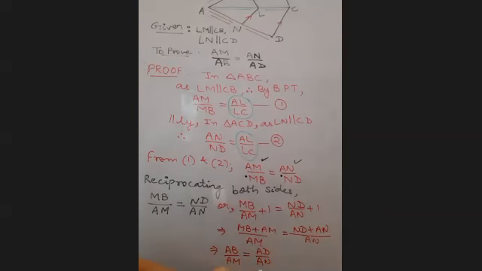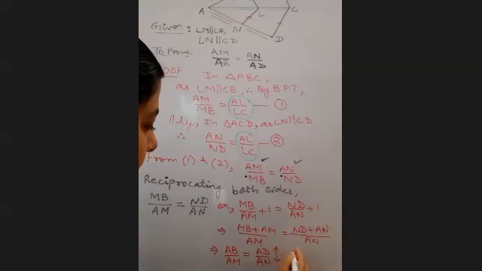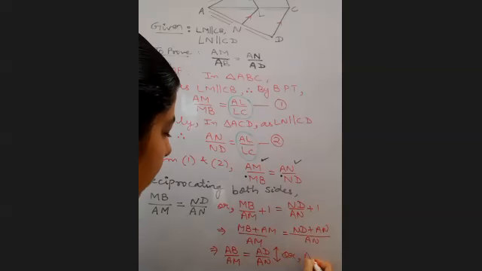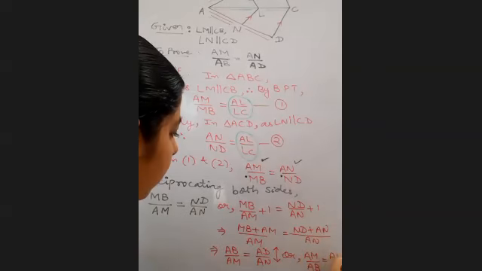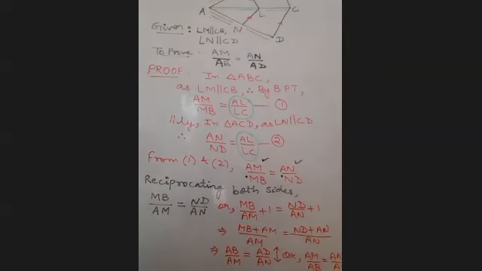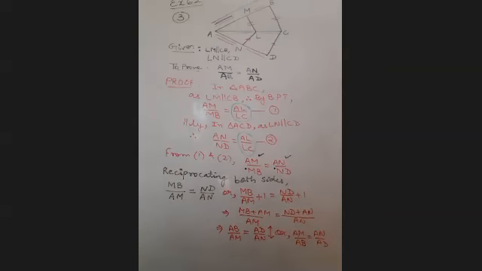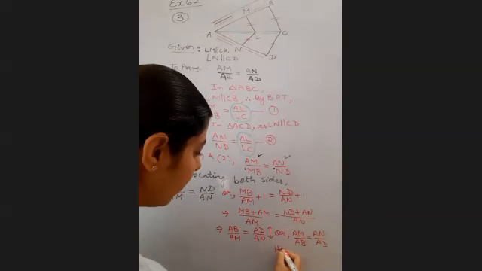Reciprocate again. This implies AM upon AB is equal to AN upon AD. Hence proved. Clear?